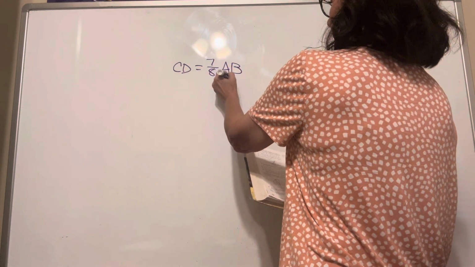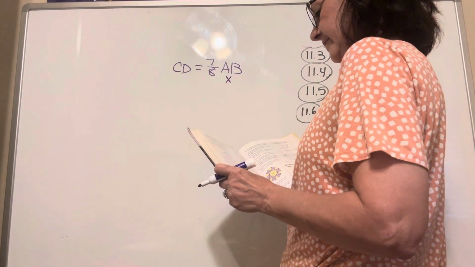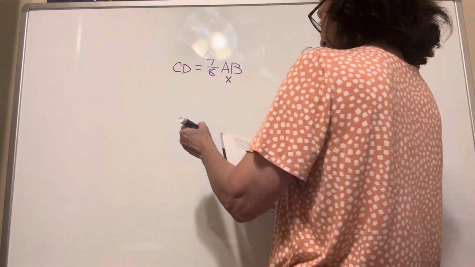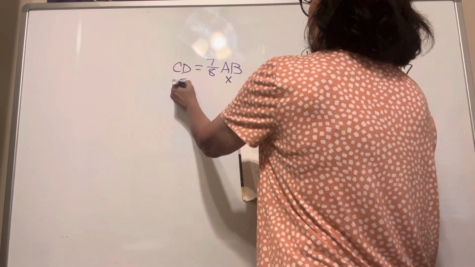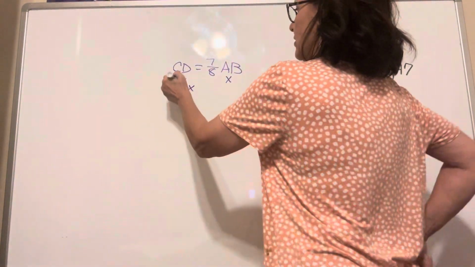Well, AB is x. And the distance of CD is square root of 3 over 2x.